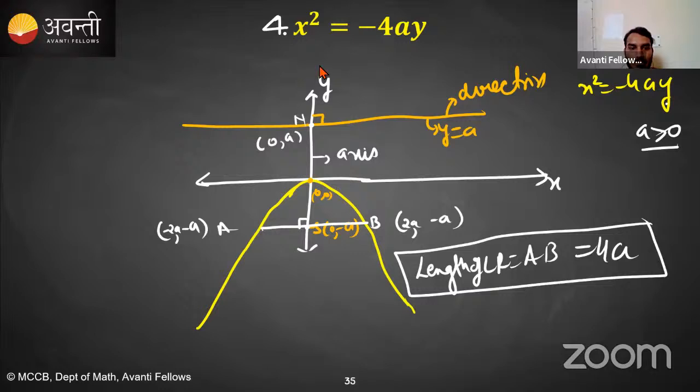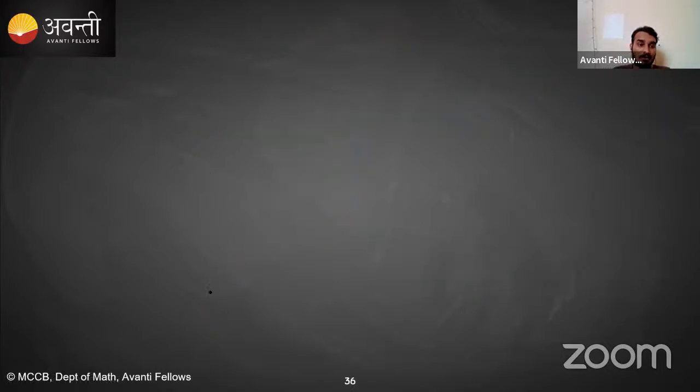Clear? Okay. So students, the one thing that you note here is that, okay, this is a very important thing. Let's say if I'm writing like this, x square is equal to 16y, let's say.